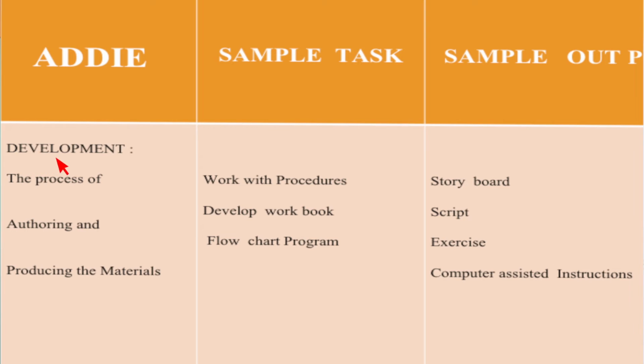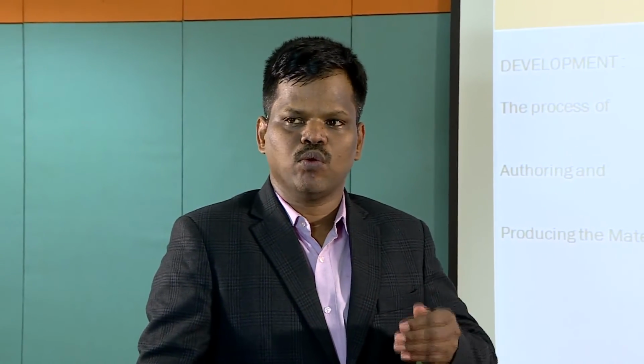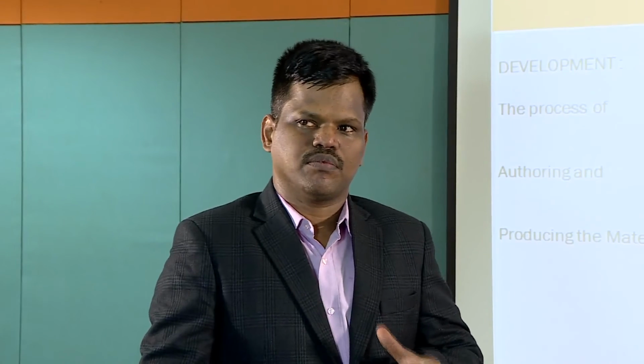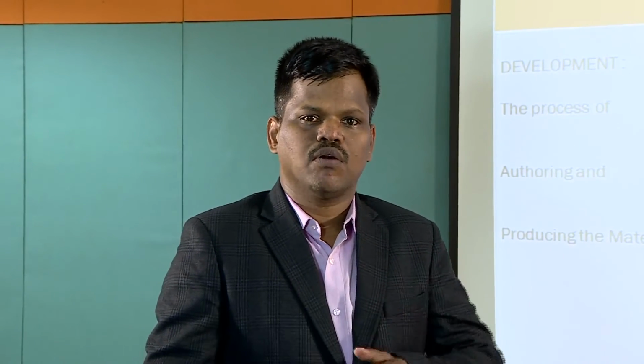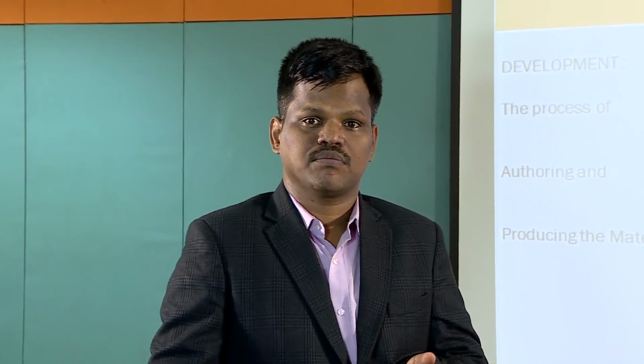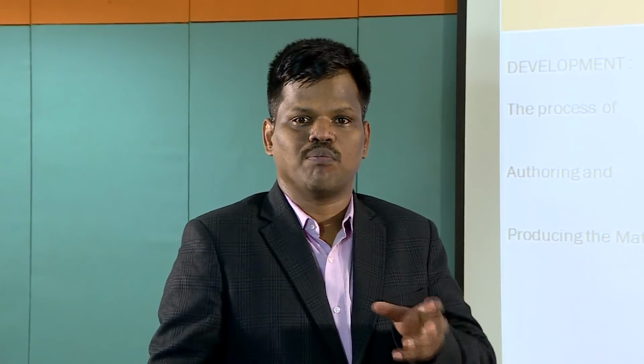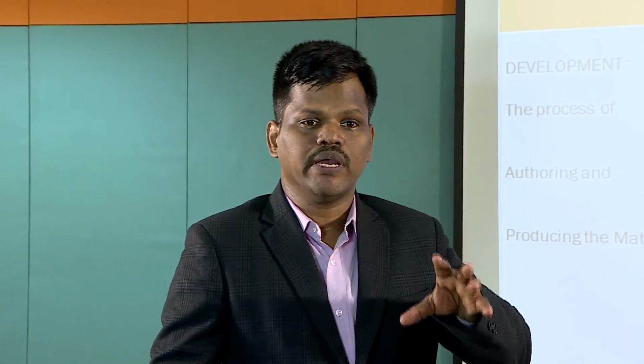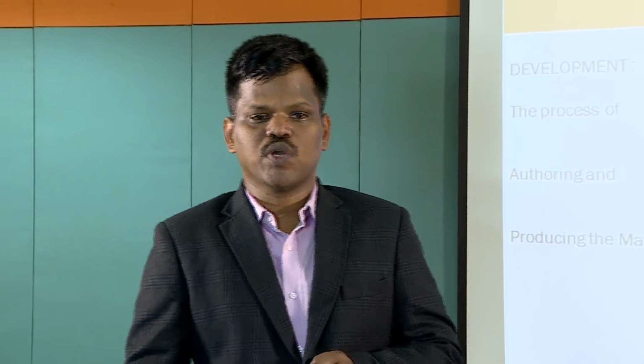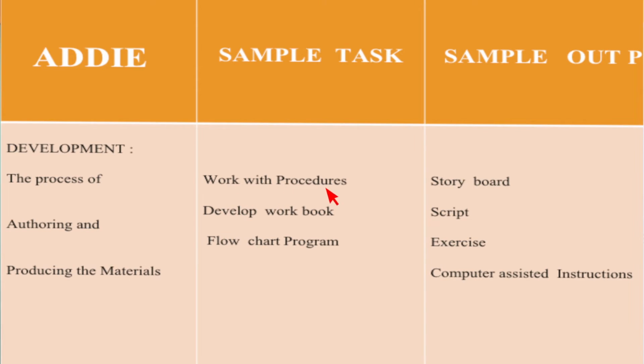Now we come to ADDIE development, the process of authoring and procuring the materials. In one exercise, how do we complete the task? According to the task, what materials and tools do we want to finalize to complete the task? Like this we make the development. Here, work with the procedures, develop the workbook and follow the flowchart programs.